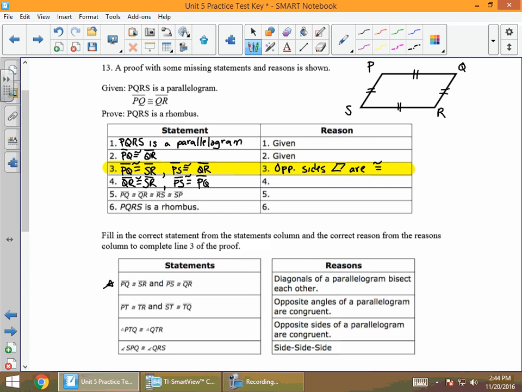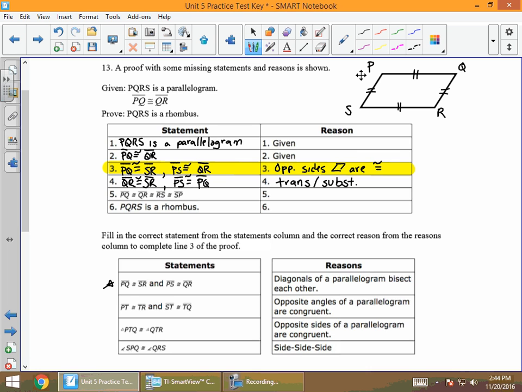So now I have PQ congruent to QR, PQ congruent to SR, and PQ congruent to PS. With all of those, this is the transitive or substitution property.